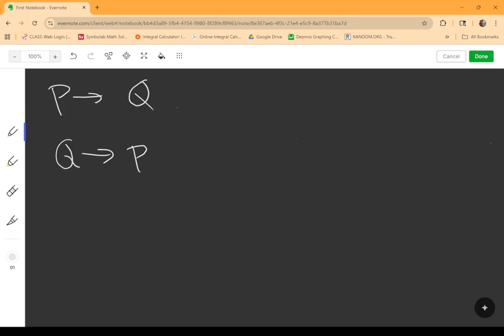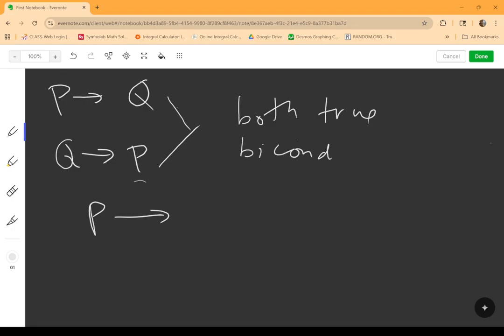Again, not guaranteed to happen, but if we are in this case where both are true, then this is what's called a biconditional. That means P implies Q, and Q implies P.